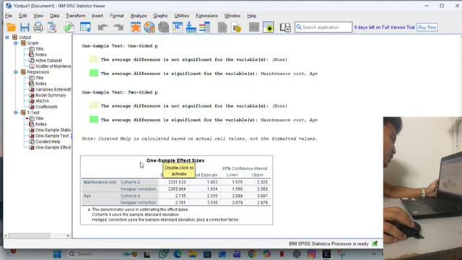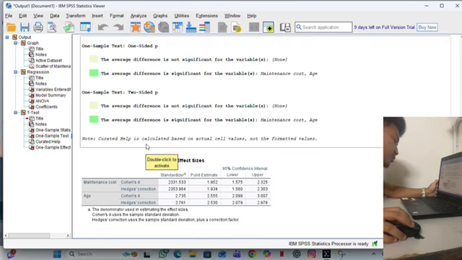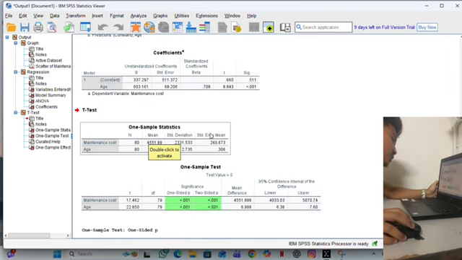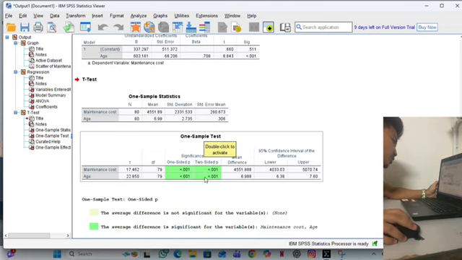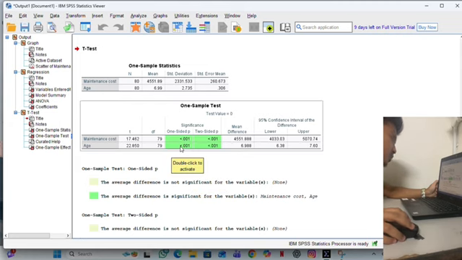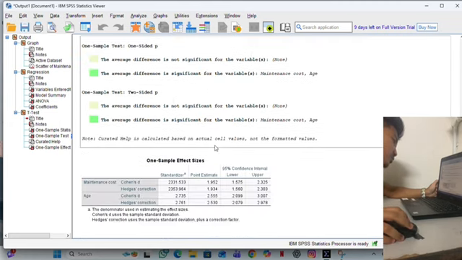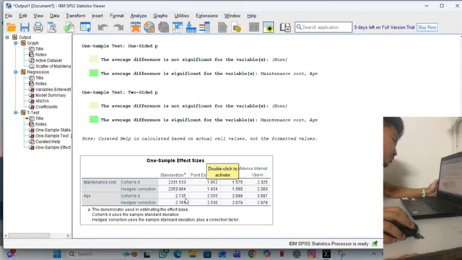Using a t-test at the 0.05 significance level, the calculated t value is 8.844 and the p value is less than 0.05. Since the p value is very small, we reject the null hypothesis. Therefore, there is sufficient statistical evidence to conclude that the age of the bus has a significant positive effect on maintenance costs.